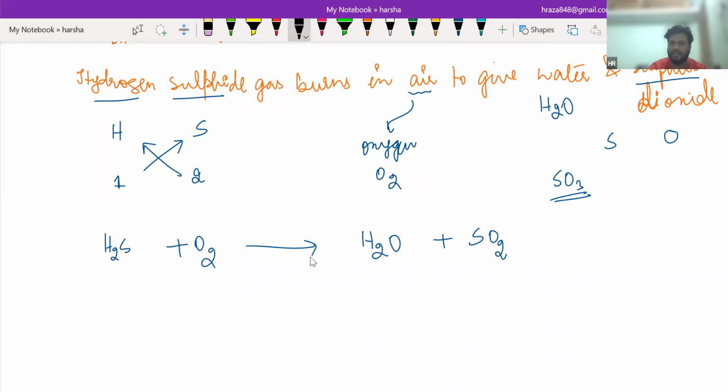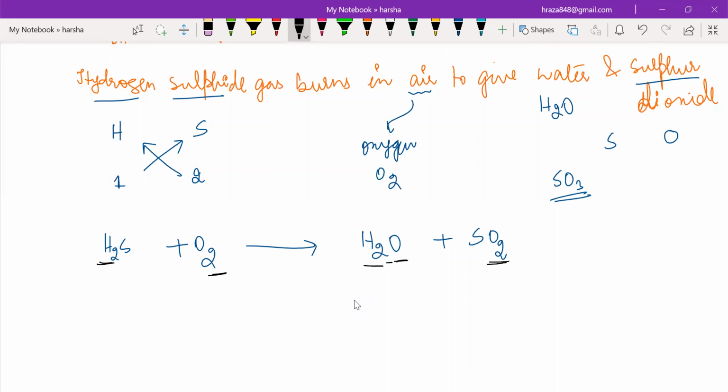Now can you balance it? Now see, 2 hydrogen, 2 hydrogen. Here it is 3 oxygen, one with O, and 2 with this. So can you balance it? We'll give 3 to oxygen, the reactant.